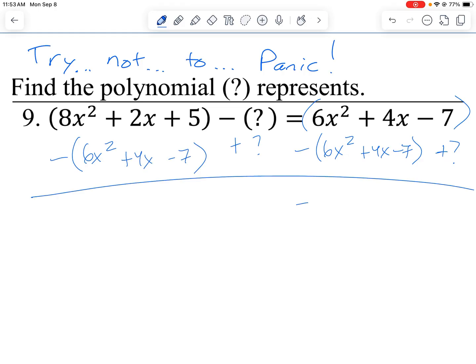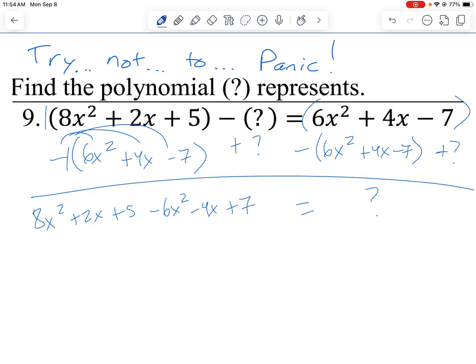Now I'm going to do some simplifying. Right side is just question mark. But over here, I need to, again, deal with my parentheses. This has a 1 in front, this has a 1 in front, so distributing just gives you 8x squared plus 2x plus 5. But this one, I had to distribute that negative. So I get minus 6x squared minus 4x and plus 7.